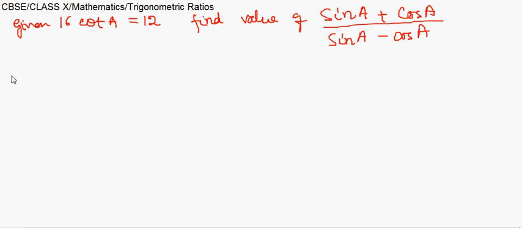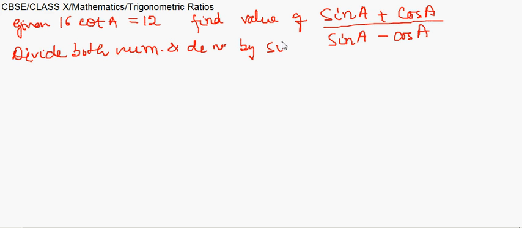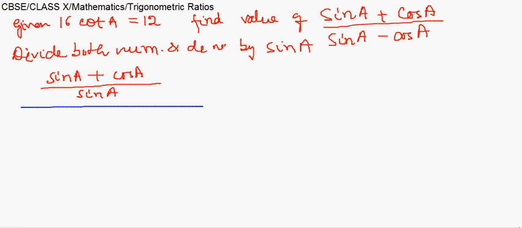So let's divide both the numerator and denominator by sine A. Theta here is A. So it would just be sine A plus cos A whole by sine A. Let me use another color so that you can make out where the denominator starts. Sine A minus cos A by sine A again.